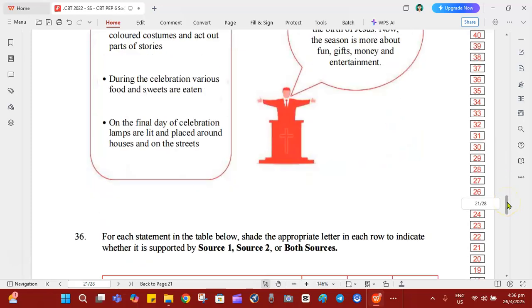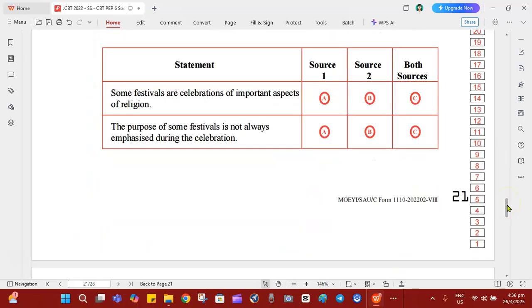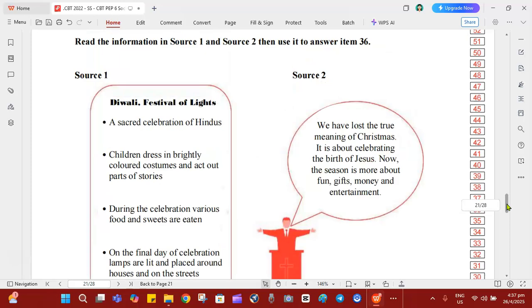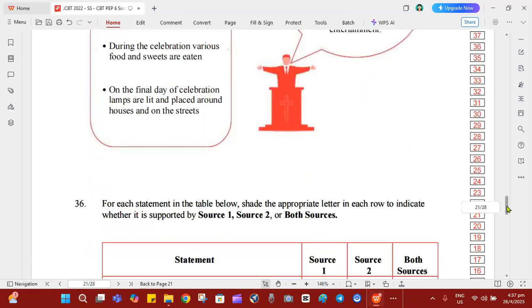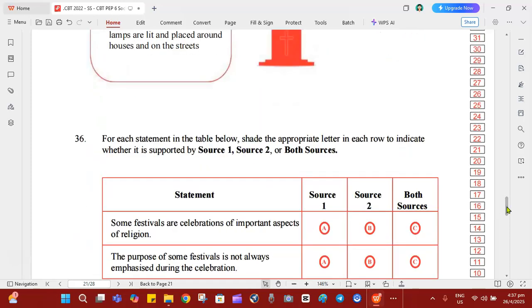So here we have two religious festivals. So some festivals are celebrations of important aspects of religion. Is it source 1, source 2, or both sources?